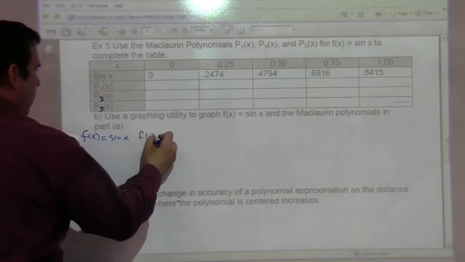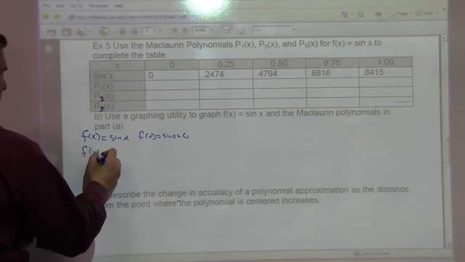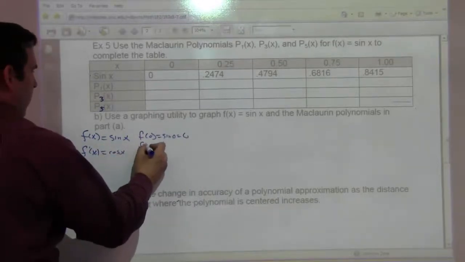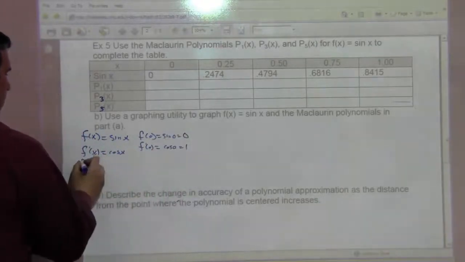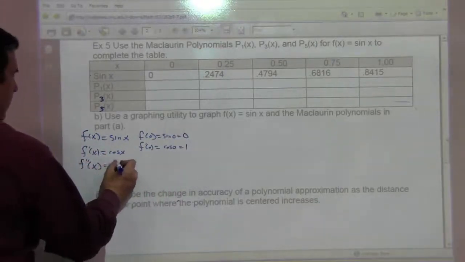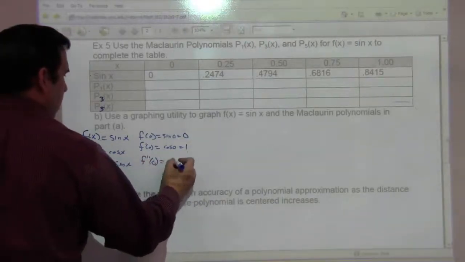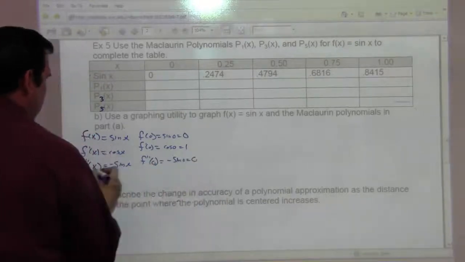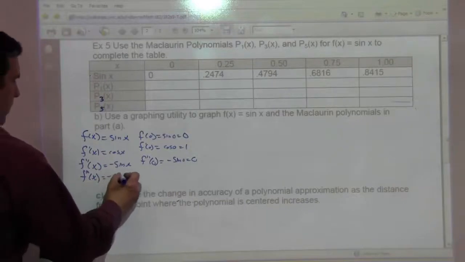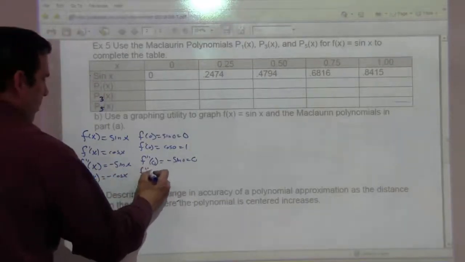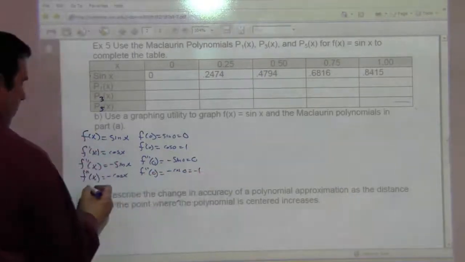And f of 0 is sine 0, which is 0. F prime of x is cosine x. F prime of 0 is cosine 0, which is 1. F double prime of x is negative sine x. F double prime of 0 is negative sine 0, which is 0. F triple prime of x is negative cosine x. F triple prime of 0 is negative cosine of 0, which is negative 1.